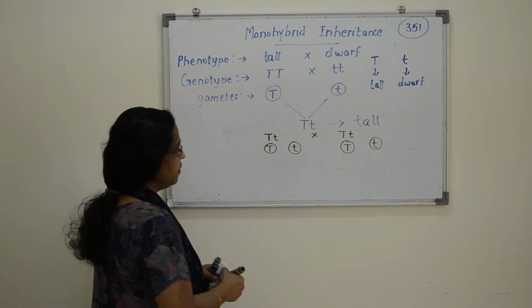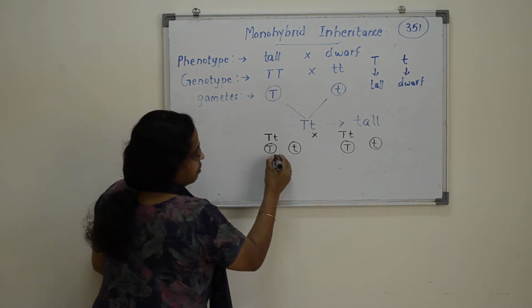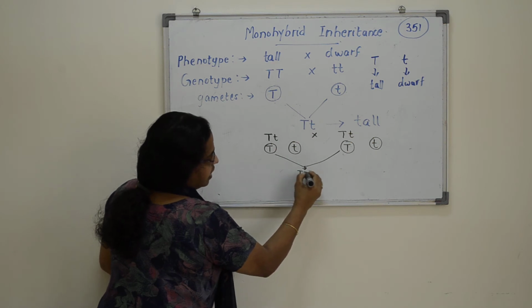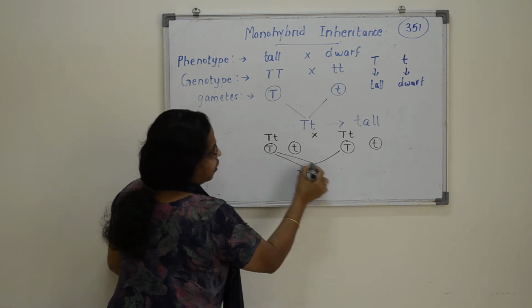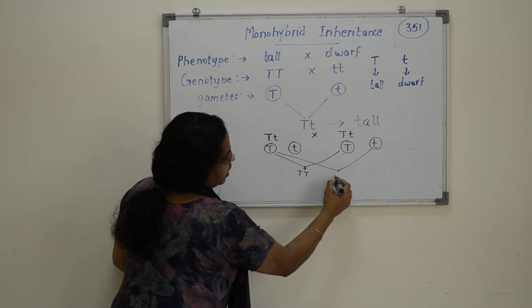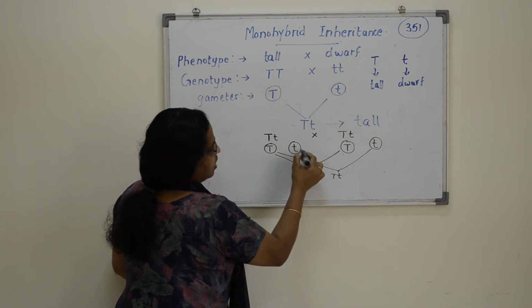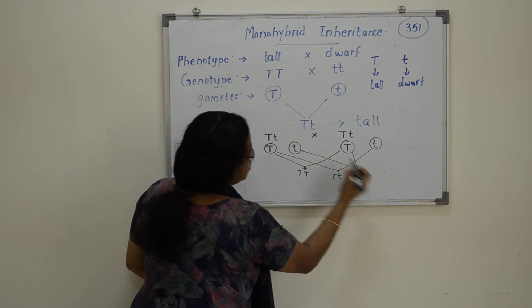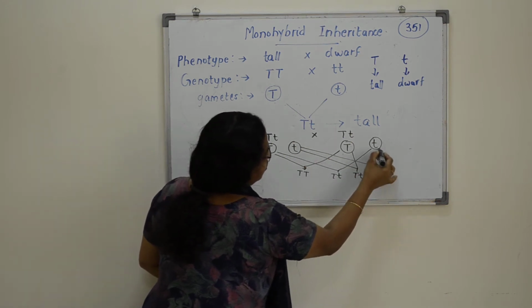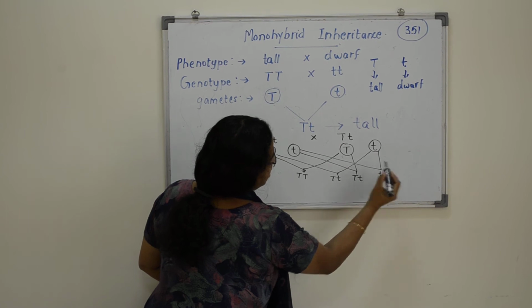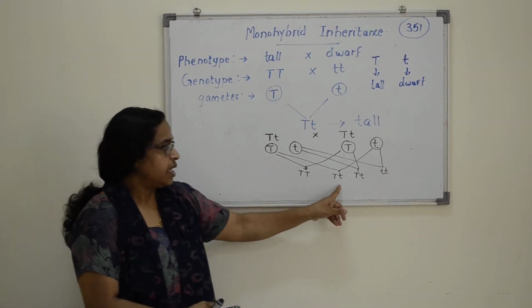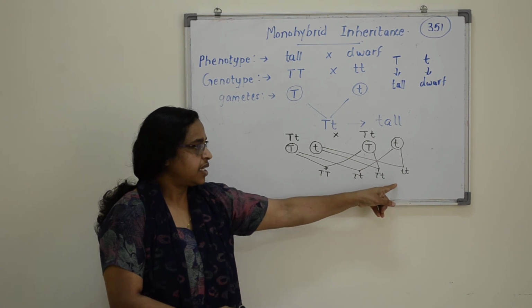So it can be capital T capital T, or capital T small t, or capital T small t, or finally small t small t. So how many offspring are there?